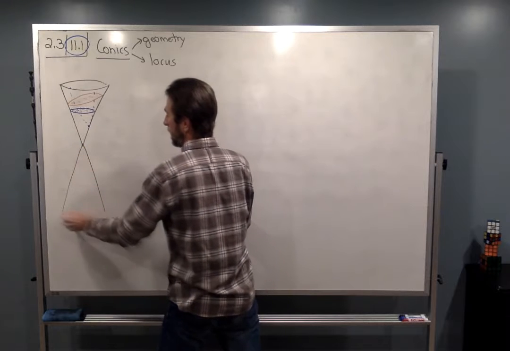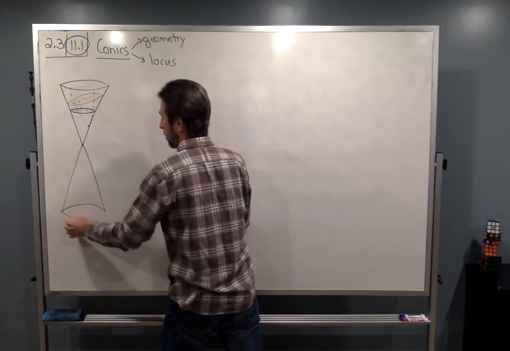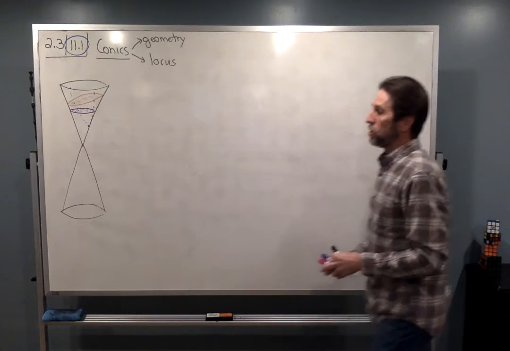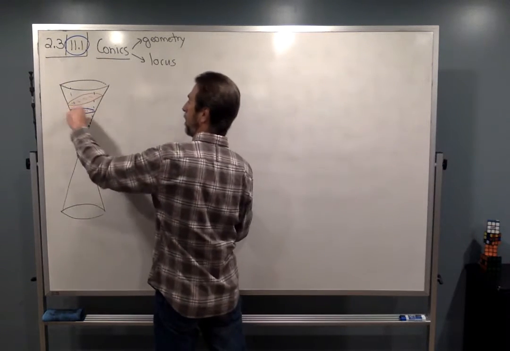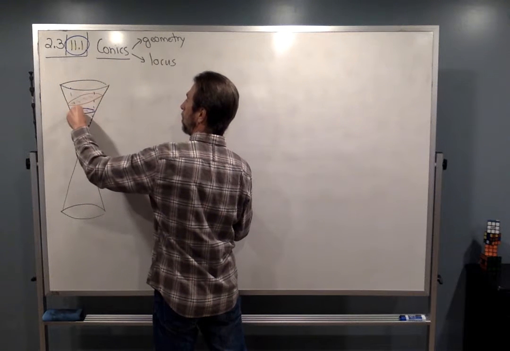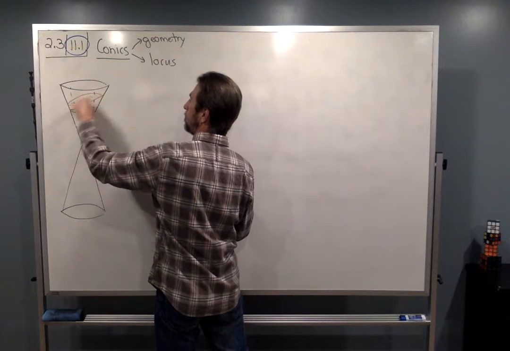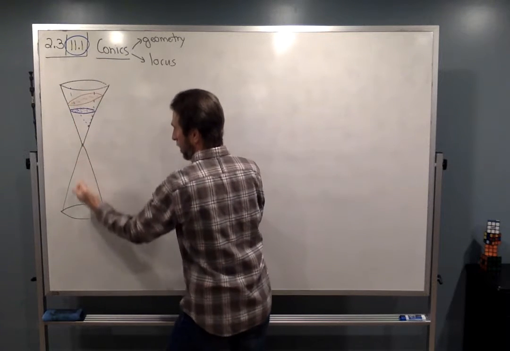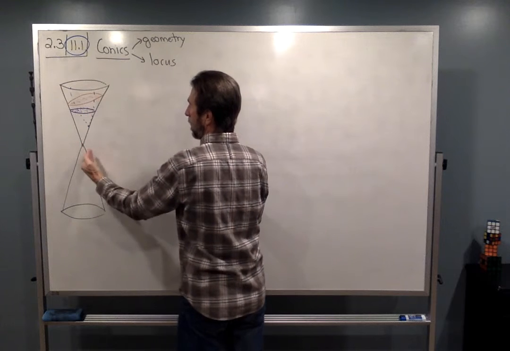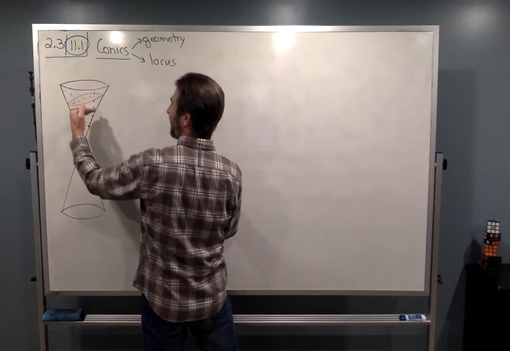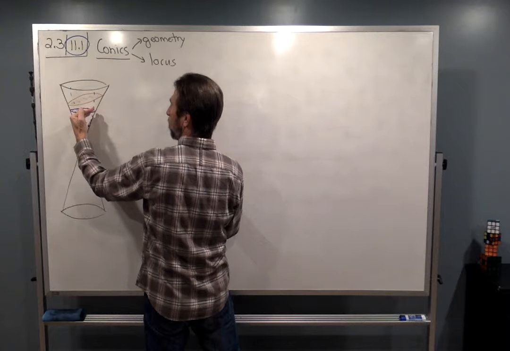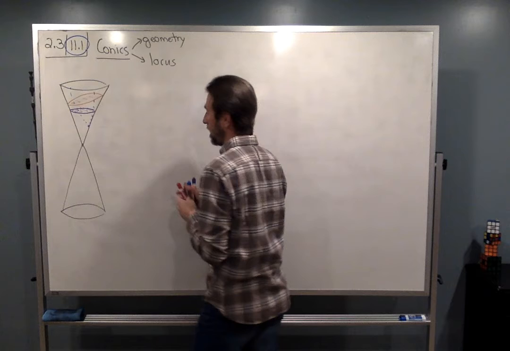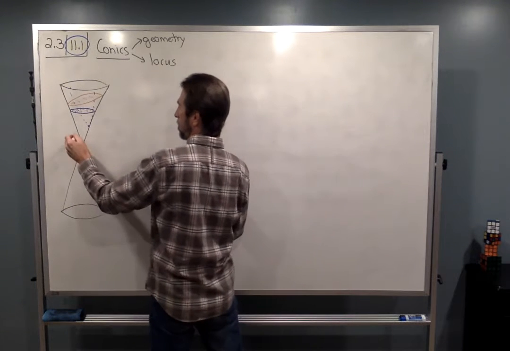Now, to get the final conic, we basically need a double cone. If I take that plane, again, if it's parallel to the base, it's a circle. If I rotate it a little bit, it's going to be an ellipse. If I rotate it all the way to where it's parallel to this axis right through here, I get a parabola. But if I rotate it a little bit more than for the ellipse, but not as much as for the parabola, it's going to hit both sides of this cone.